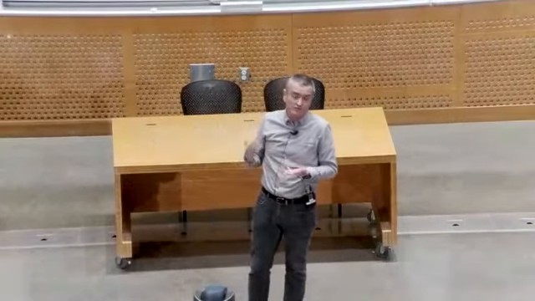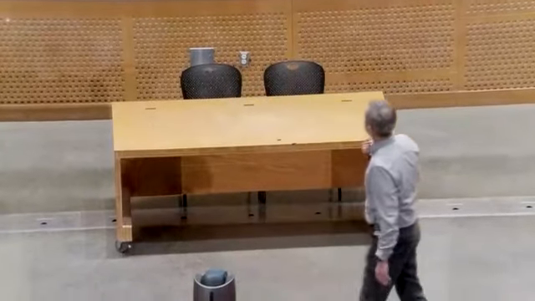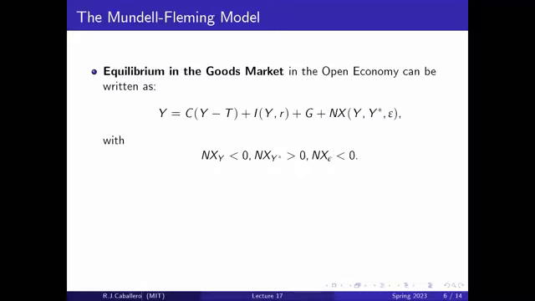Our goods become more expensive relative to the foreign good, and that affects us in two dimensions. First, our exports will tend to decline because our goods are more expensive, and also our imports are going to tend to increase because foreign goods are cheaper. And so that's the reason this is decreasing with respect to the exchange rate. The big thing of the Mundell-Fleming model really comes from the fact that this term is there.